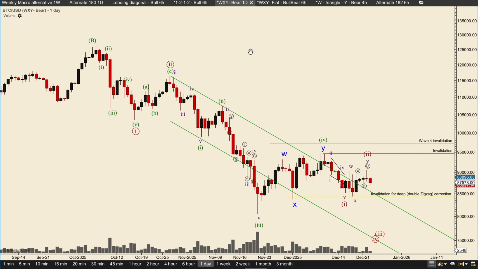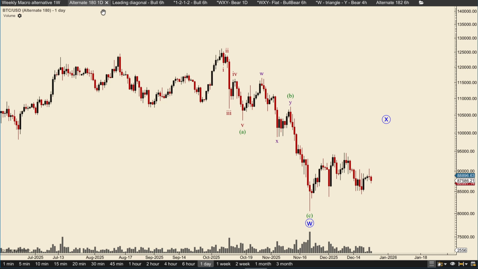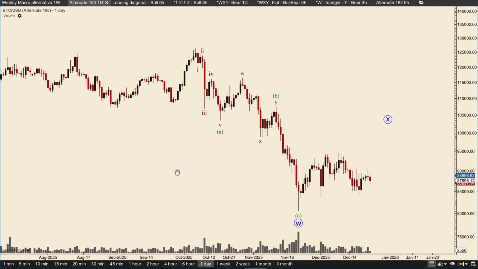And therefore, we need to also consider other options for this overall daily count, meaning that we need to resort to something like this, where we are counting an A, W, X, Y into wave B, C here in a W, so this is a zigzag, A, B, C, and then this is wave X, and after that we are looking for another zigzag, basically a double zigzag.